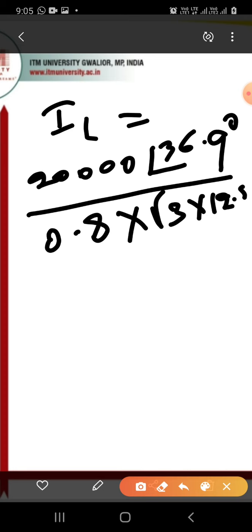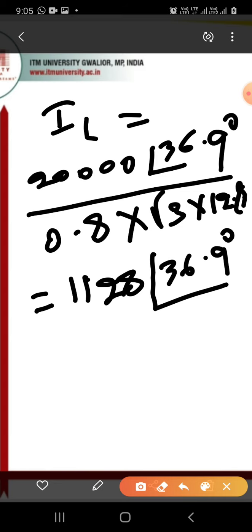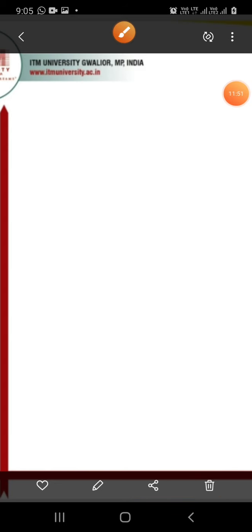After calculating, we can get the line current IL as 1128, and the angle is 36.9 degree. Clear?